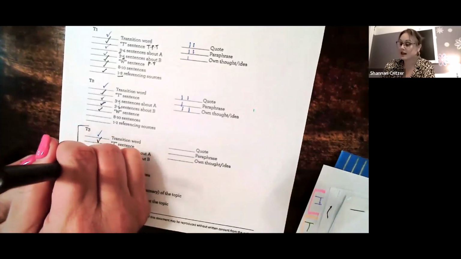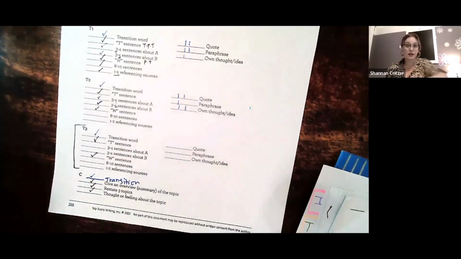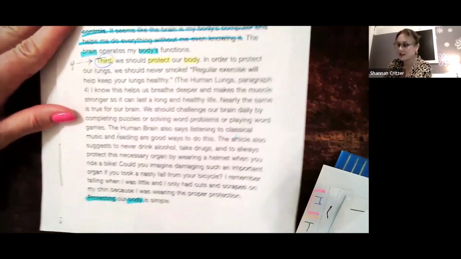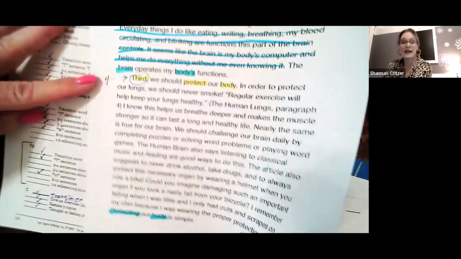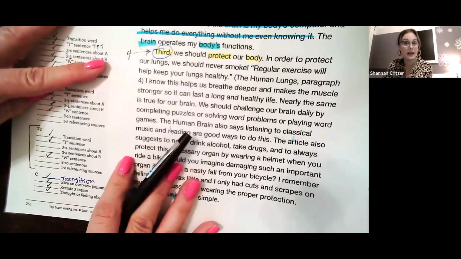So boys and girls, down here for T3, I want this to be your homework. I want you to look at your third middle paragraph, and I want you to find all of the things inside of our checklist. Do you have 3 to 4 sentences for point A? Do you have 3 to 4 sentences for point B?